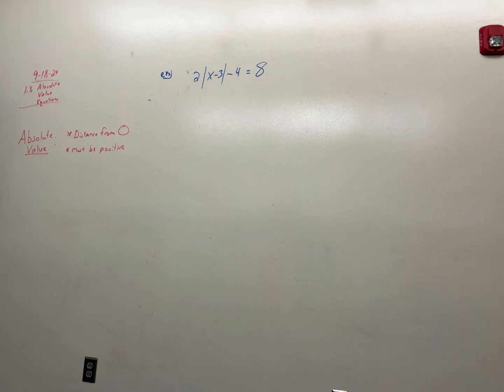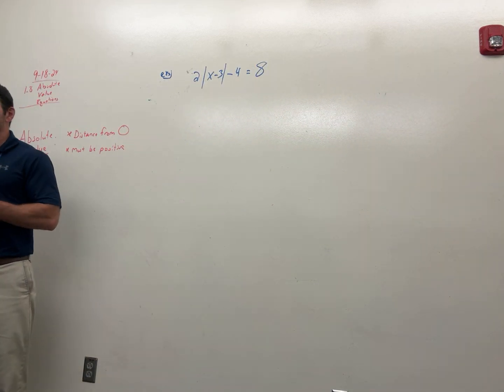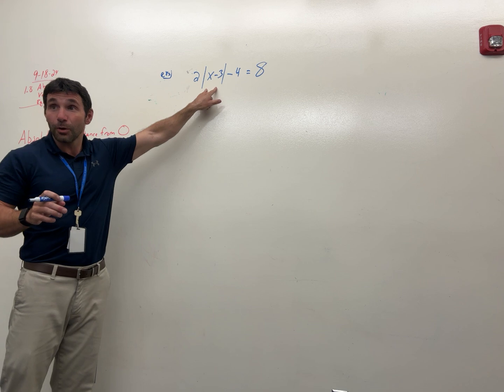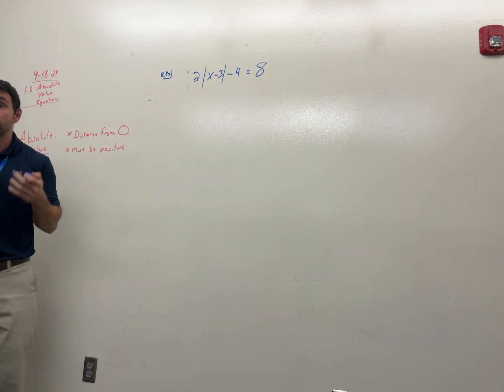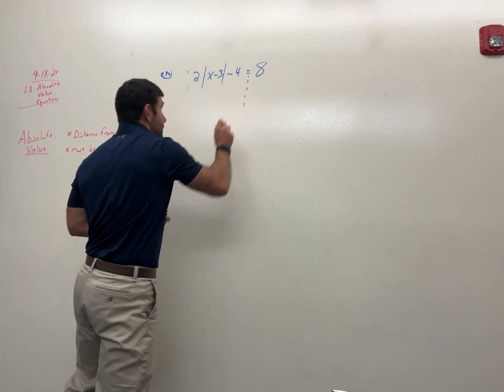Okay, my question is the absolute value isolated? Is there stuff on the side with the absolute value? Oh yeah. Okay. So even though there's an x here, here's how I want you to think about this. We're isolating this. This whole thing needs to get by itself. So we do it the same way that we would do an equation. We find the balance point.